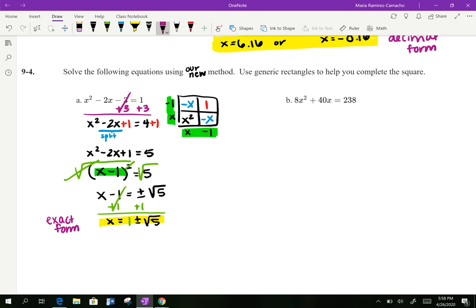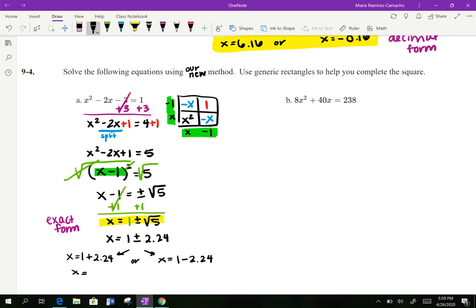Let's keep going a little bit to get the answer in approximate decimal form. So the square root of 5 is about, I need to do this on my calculator. Give me a second. Square root of 5 is about 2.24. So this means that I can take 1 plus 2.24 to get one of my solutions, and I can also do 1 minus 2.24.